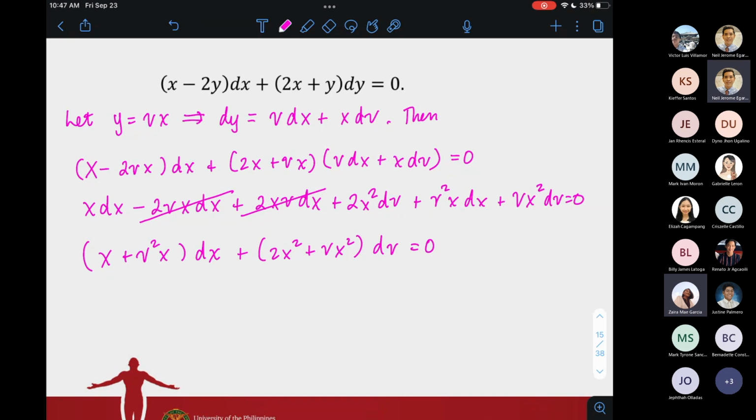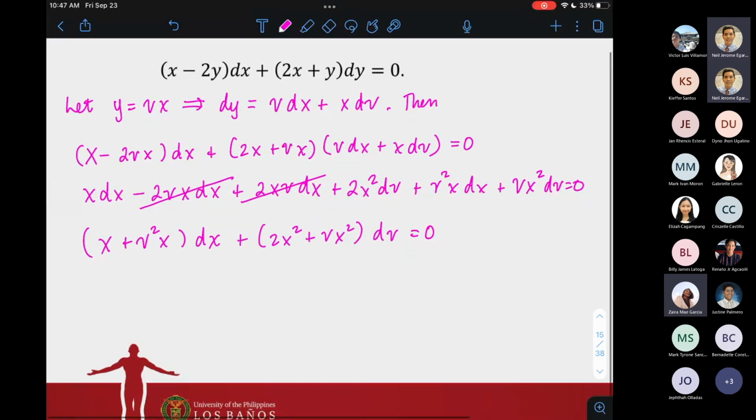Alright? Tapos gusto natin silang i-separate. Tingnan natin kung kaya. Well, dito pwede muna ako mag-factor ng x times 1 plus v squared dx plus, or actually pwede ko nang i-transpose ito. Maging equal siya sa negative 2x squared plus vx squared dv.